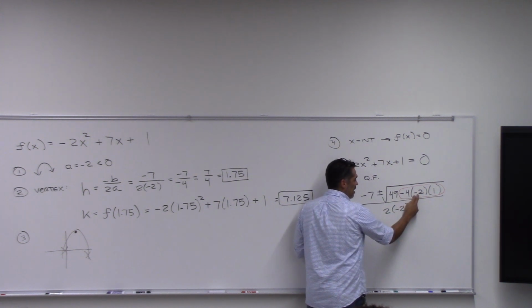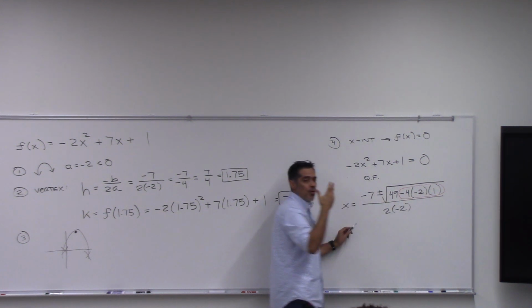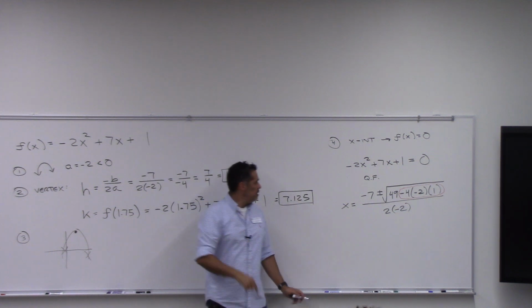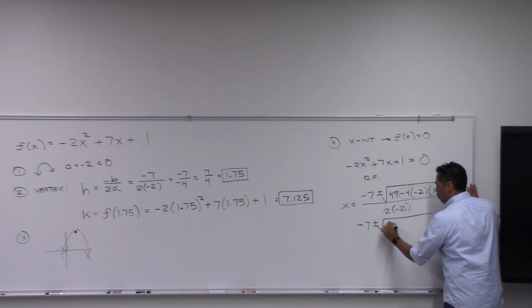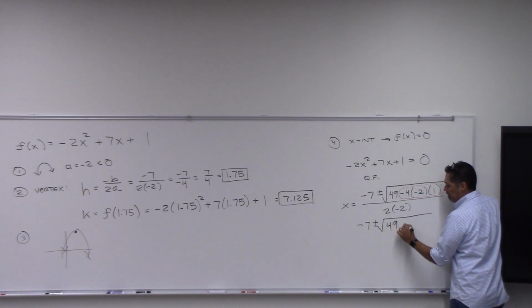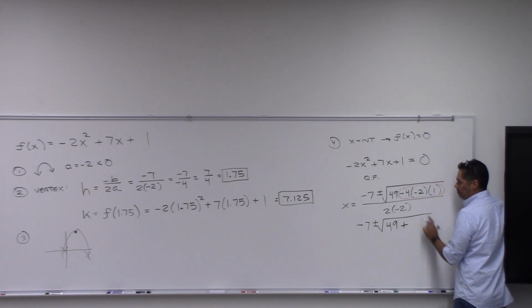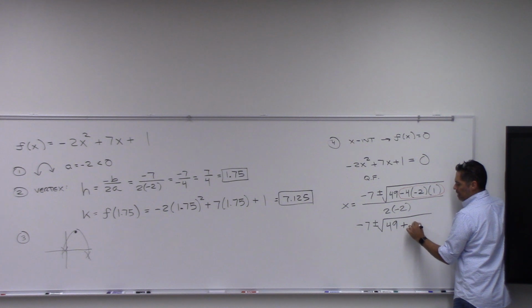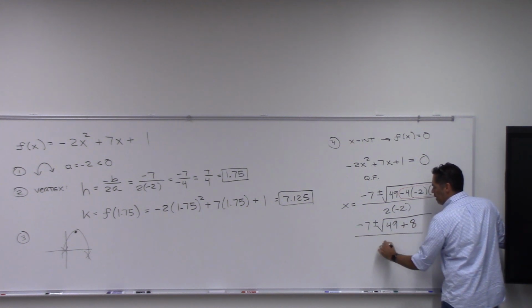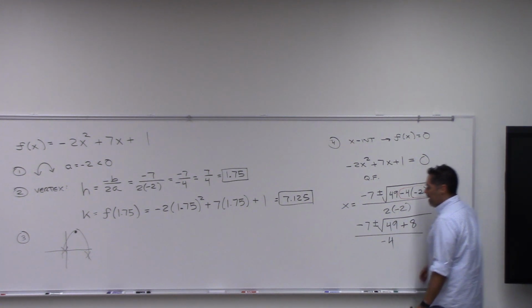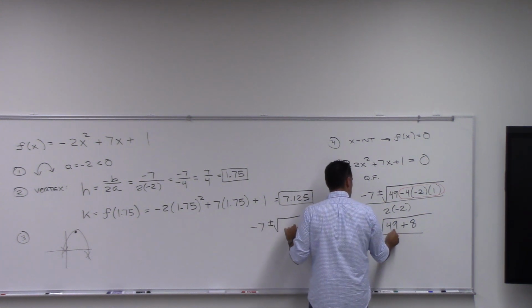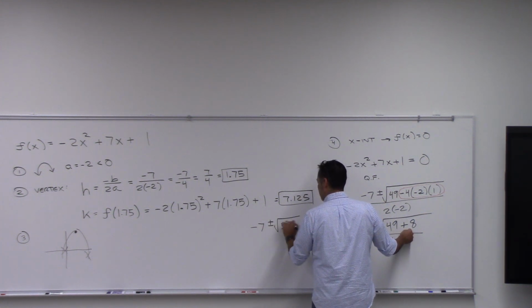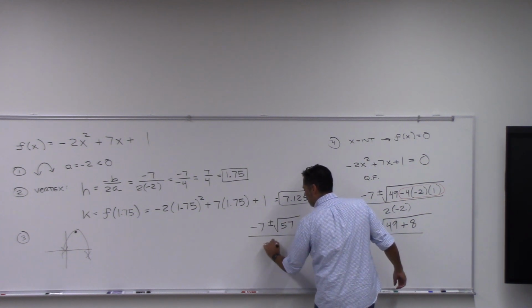A negative times a negative is positive, times a positive is positive. So I know I'm going to add this number. Negative 7 plus or minus the square root of 49 plus what? 4 times 2 times 1, 8. Okay, all over negative 4. So that is negative 7 plus or minus the square root of 49 plus 8, 57, all over negative 4.